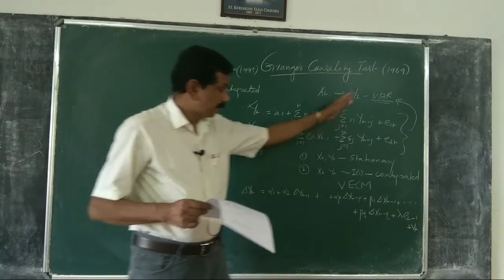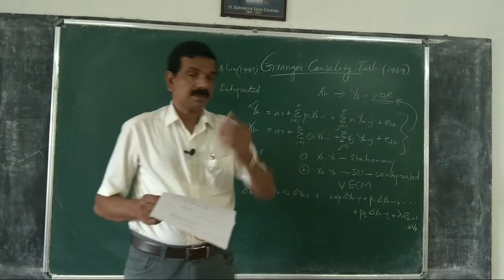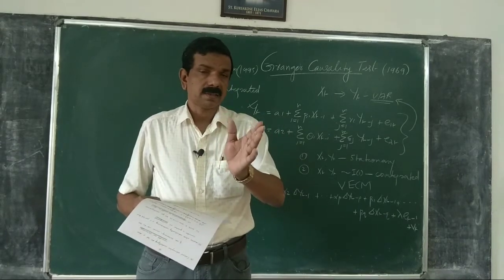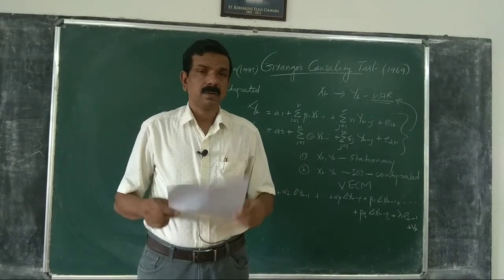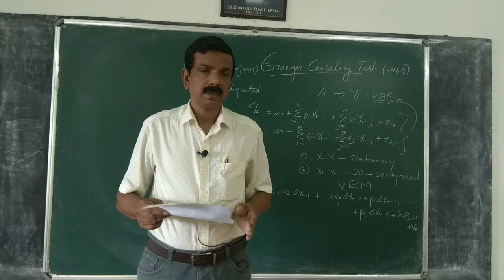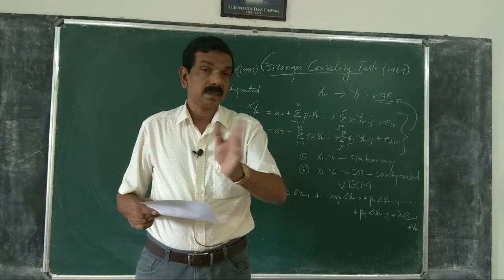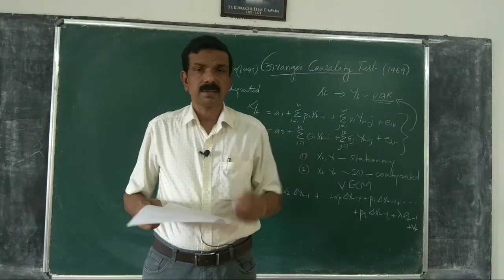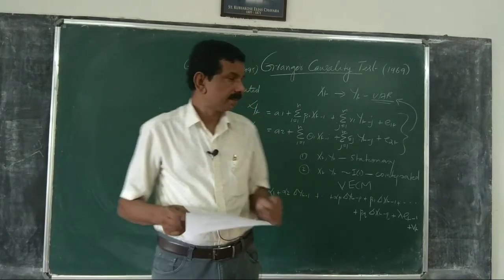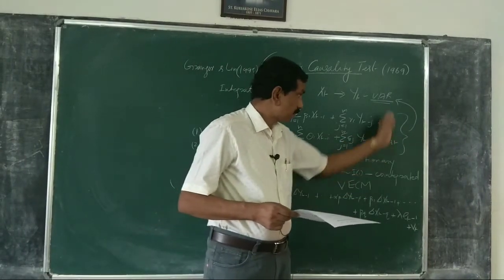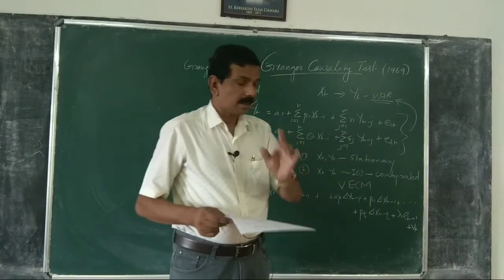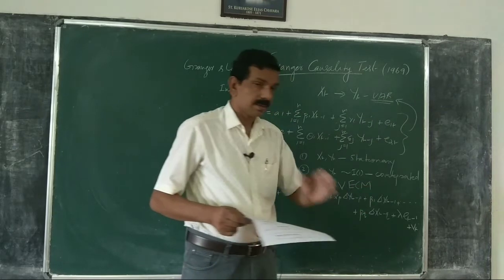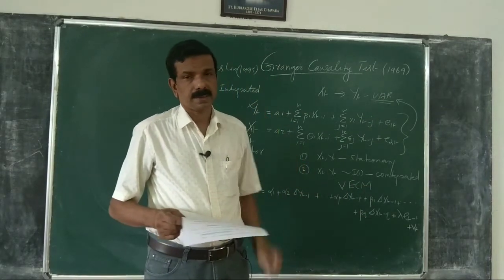VAR and VECM are extensions of what we have seen as the ARDL model, autoregressive distributed lag model, and ECM, error correction model. ECM is nothing but the reparameterization of ARDL. VECM is the reparameterization of VAR, and we will see later how VAR is reparameterized into VECM.